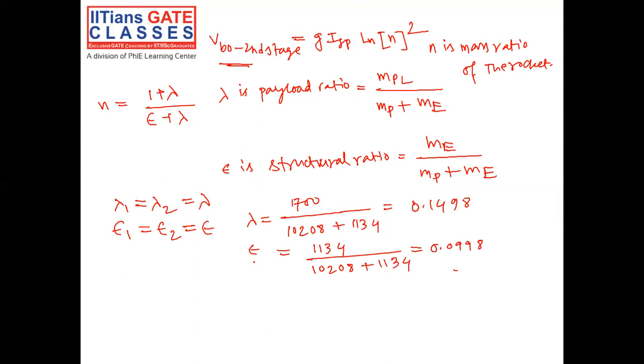0.0998. Now by substituting this value of lambda and epsilon in the expression of n, that is the mass ratio of the rocket, so we'll get the value of n.